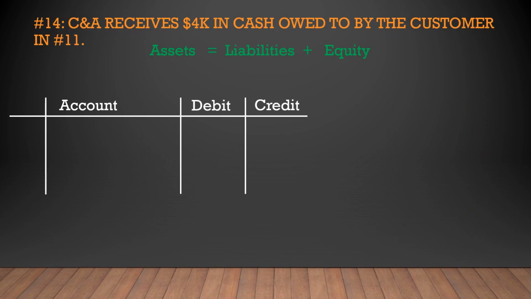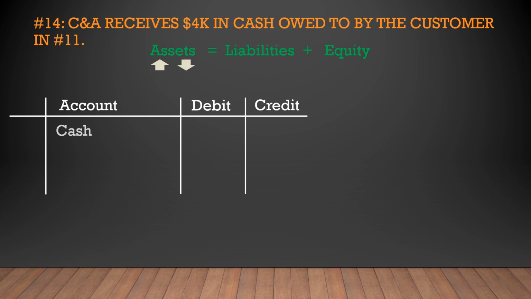Number 14. CNA receives $4,000 in cash owed to it by the customer in number 11. With this one, CNA is collecting at least a portion of the previously recorded AR. The cash received will increase assets, but since that AR is no longer owed as a result of this payment, CNA has a decrease in its AR asset.